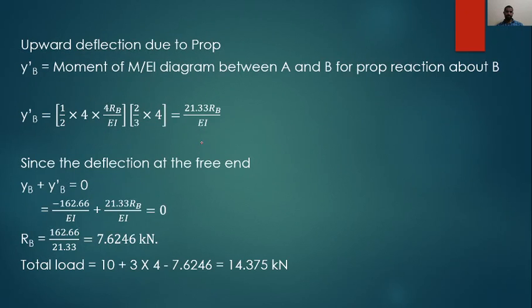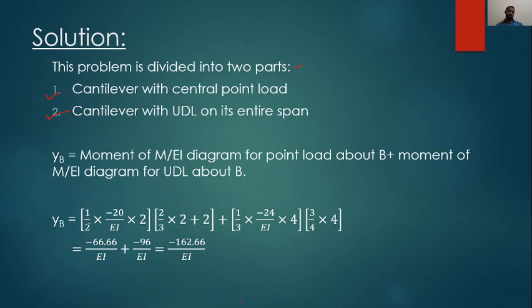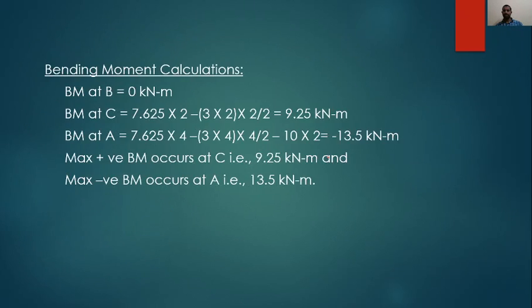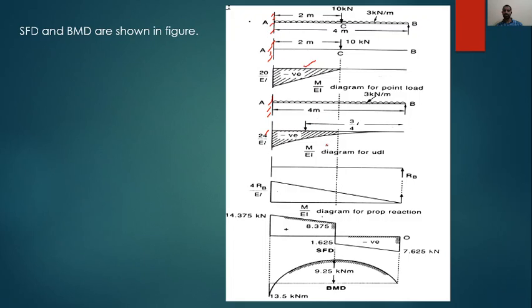Now you can see over here, half into 20 by EI into 2, 2/3 of 2 plus 2. This is the moment of the M by EI diagram for the point load. And then for this diagram for the UDL, for a parabolic curve like this, we have area 1/3 of B into D. So 1/3 into 4 into 24 will give you the area, multiplied by the distance of this CG from the free end, which is 3 by 4 times the span, that is 4.